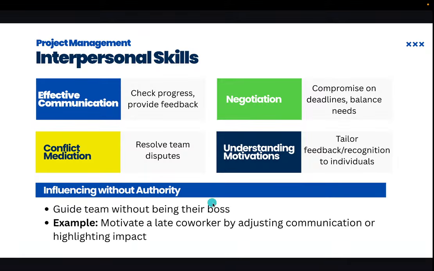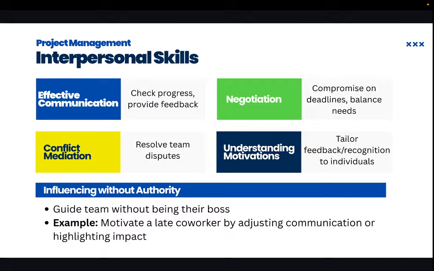With this one, I want to repeat it again. As a project manager, you have to know how to influence without authority. I mentioned this in the previous subtopic, and I said that as a project manager, you guide a team without being their boss. Because as a project manager, you guide tasks.